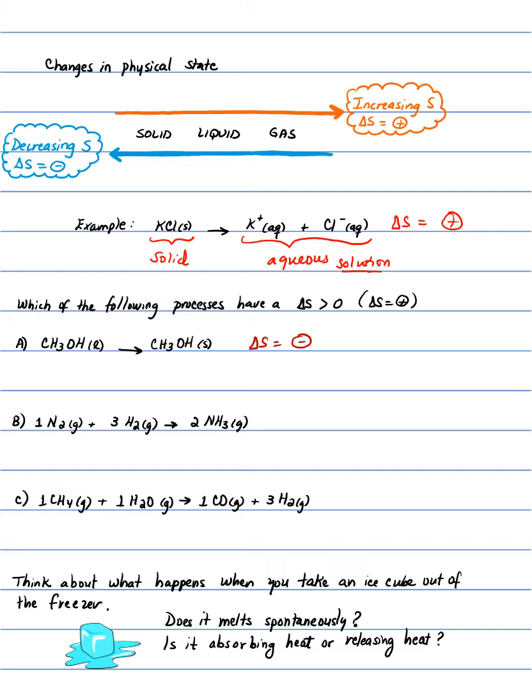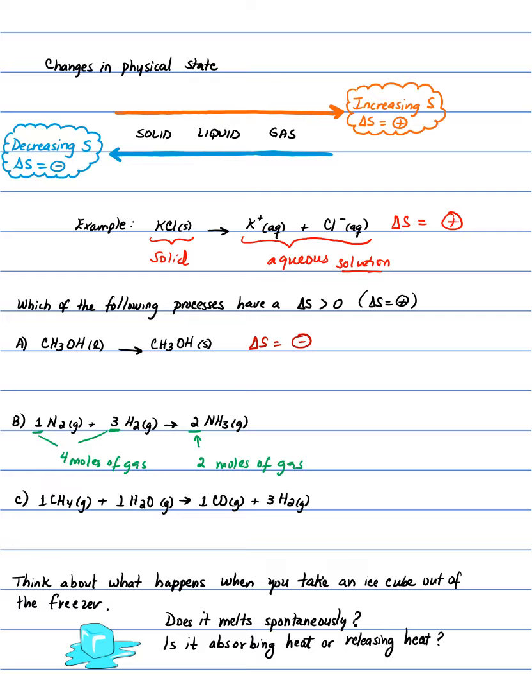So I'm going to underline my coefficients. On the reactant side, I have a total of 4 moles of gas. On the product side, I have a total of 2 moles of gas.